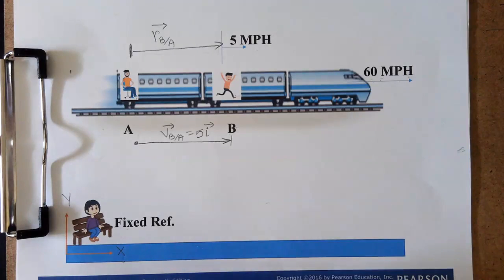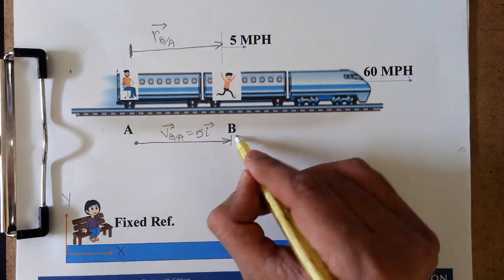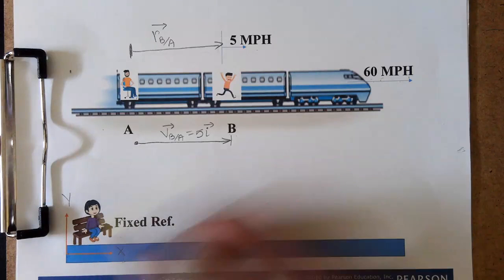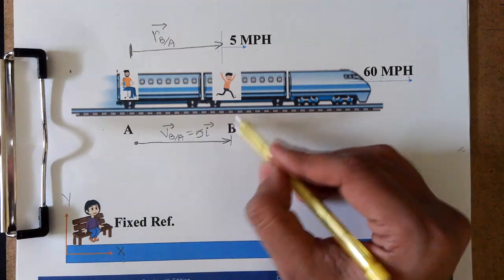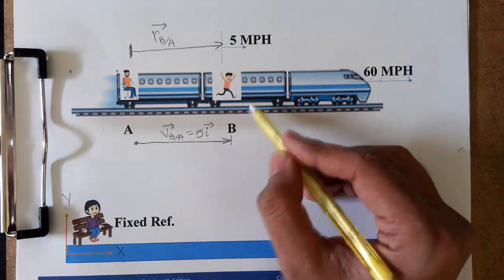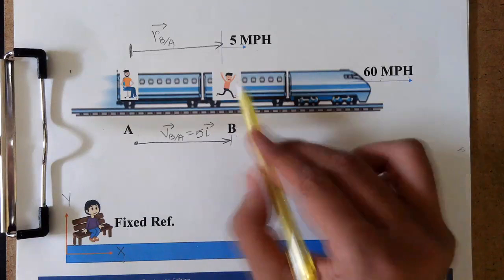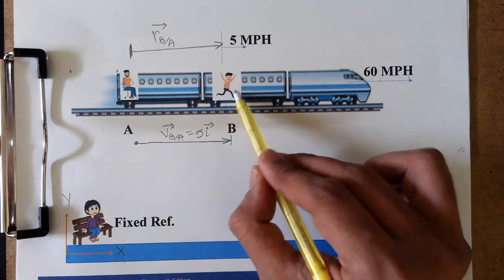But now the question is, what is the absolute velocity of B relative to the fixed reference point? In other words, how would this person observe B running inside the train? According to this person, what is the velocity and direction of B?